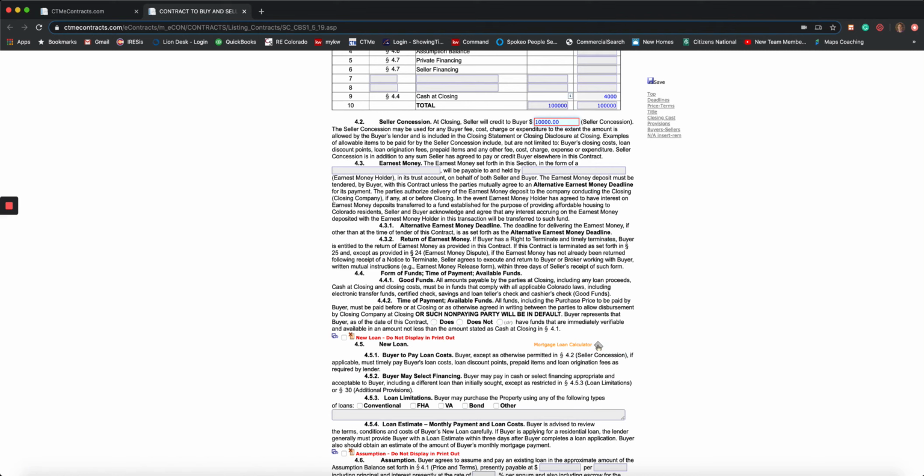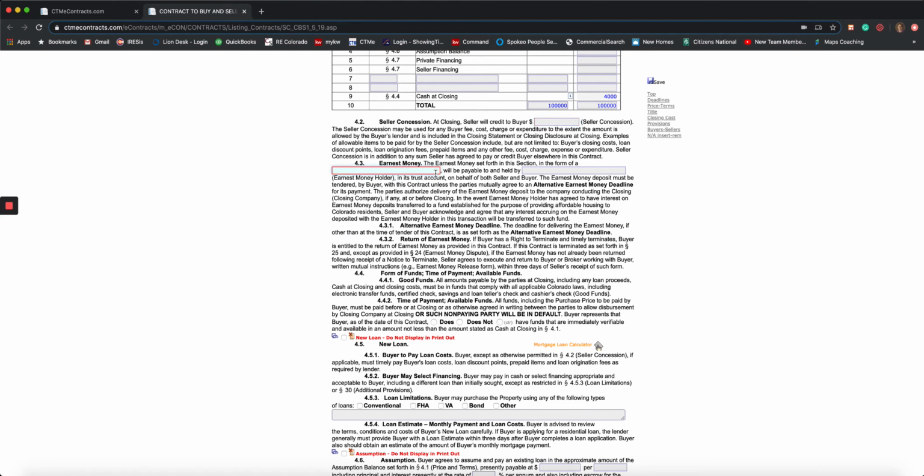So if you execute this contract, the seller agrees to $10,000, but the lender comes back and says, I can only use $6,000 of the $10,000, the buyer just doesn't receive a $4,000 check. That actually is just wiped off the table. There's no agreement to do a price reduction. So make sure that if you're asking for seller concession, you're aware of how much the lender can actually use.